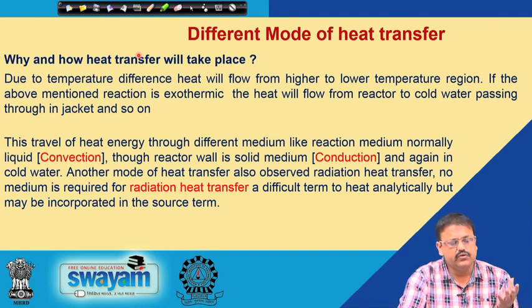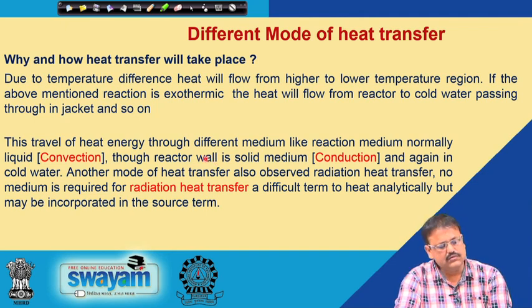Then heat will be transferred from the bulk fluid to the wall side, and that will be the convection mode. Then from the reactor wall, which is a solid medium, the heat transfer from the hot wall side to the cold wall side is conduction. Another type of heat transfer is radiation heat transfer, which can normally be considered as a source term in this case.